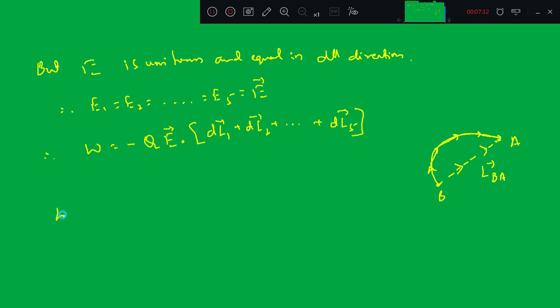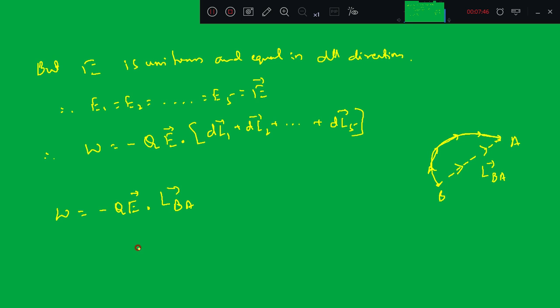So the work done W is given as minus Q into E component multiplied with the length component L B to A. The key point here is the work done depends on Q, E and L B to A, and it does not depend on the path joining B to A. This is true for non-uniform electric field E as well.